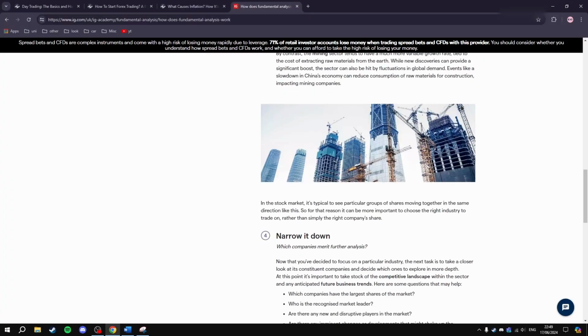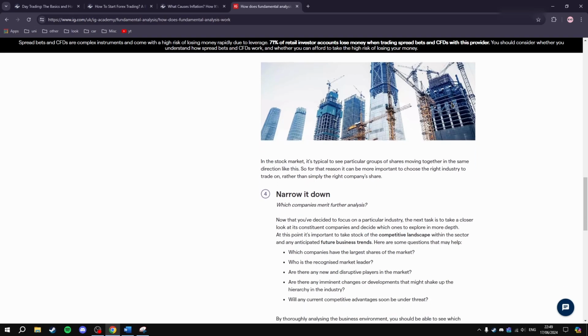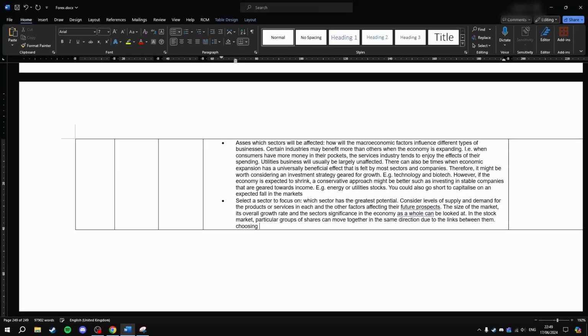So for that reason, it can be more important to choose the right industry to trade on rather than simply the right company's share. Choosing the right industry to trade on is more important than choosing the right company.